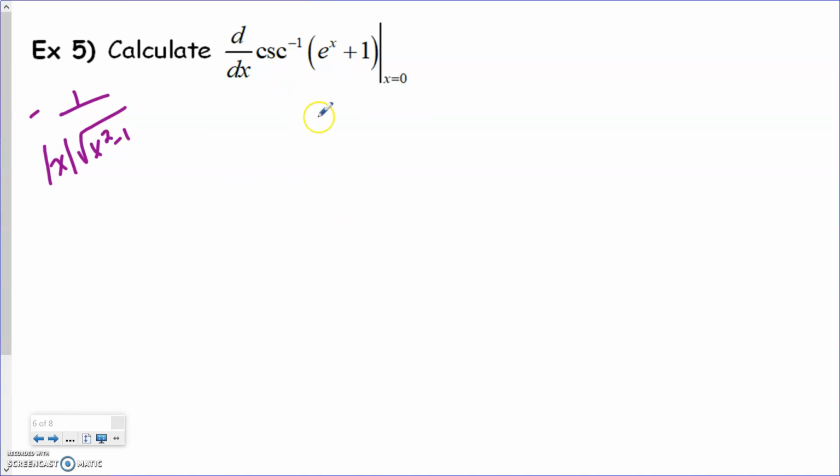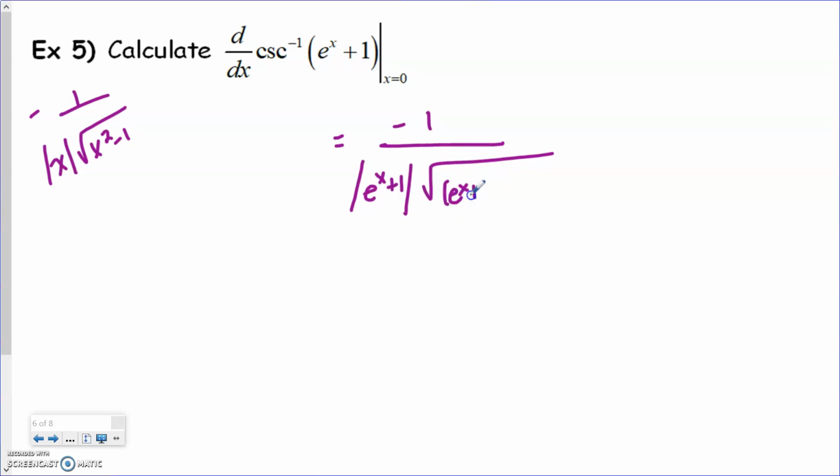So what we're going to do is negative 1 over the absolute value of e to the x plus 1 times the square root of e to the x plus 1 squared minus 1. And then we have to multiply by the derivative in here. So the derivative of that is just e to the x.